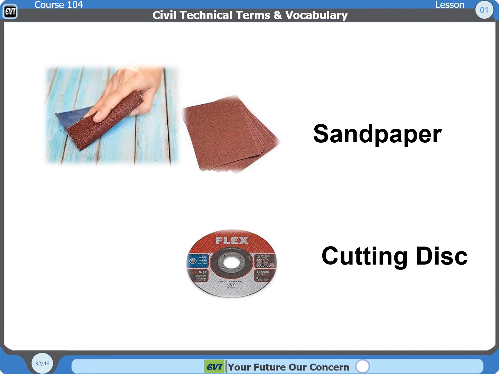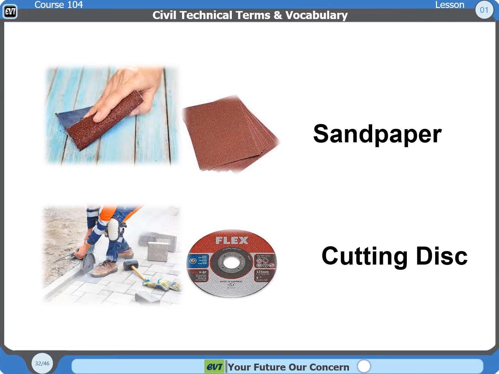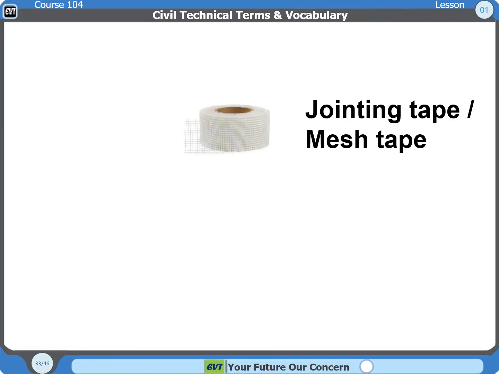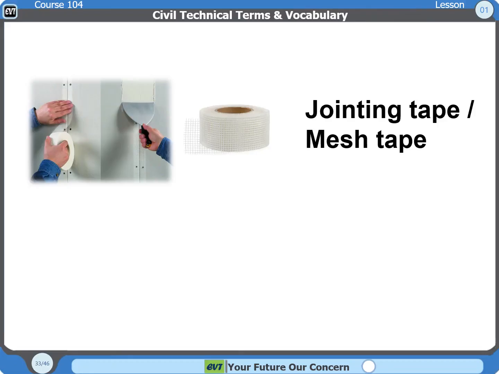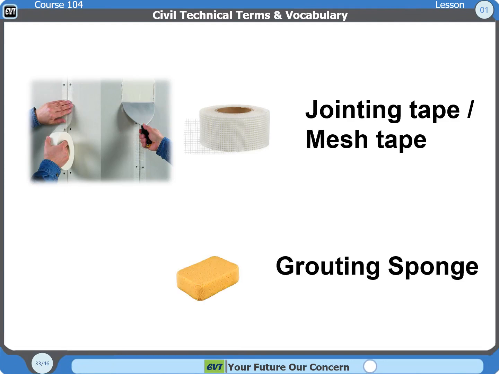We have cutting disc used for cutting metal. We have jointing tape or mesh tape designed to cover drywall joints, cracks and holes.